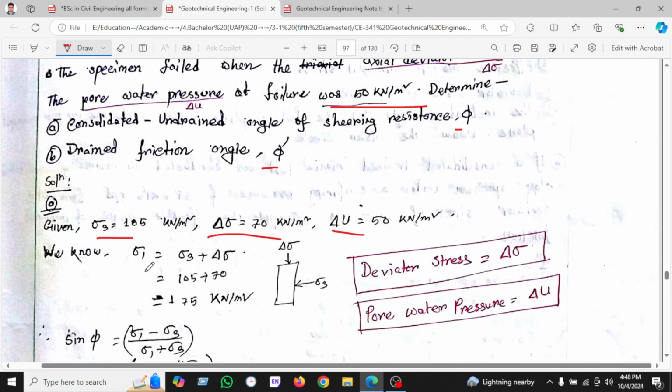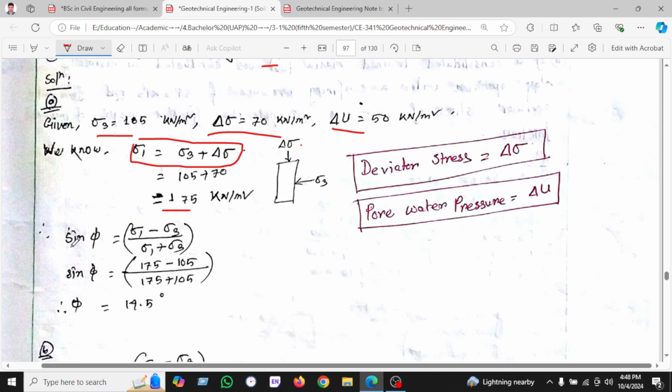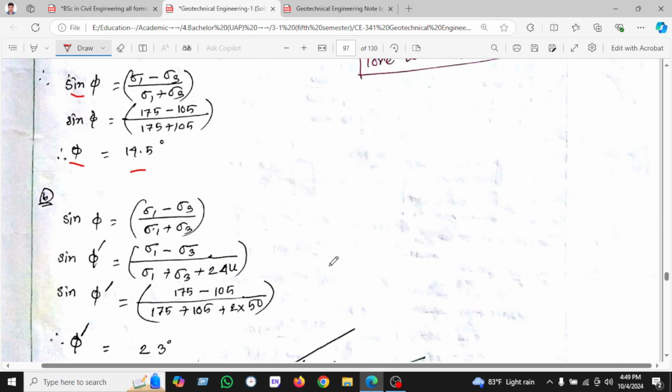So let's start. We know the basic formula, sigma 1 equals sigma 3 plus delta sigma, and in this way I found sigma 1, which is 170, and we will use the sine formula and found the angle is 45.